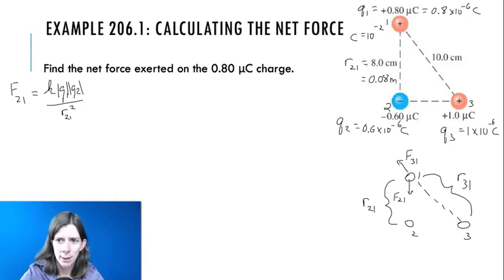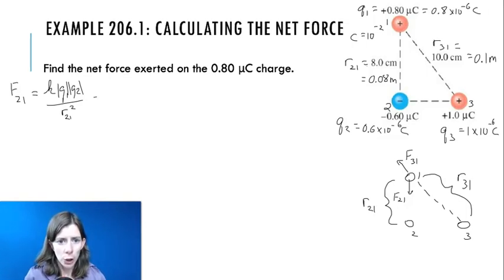And then, let's not forget this distance here, R31, the distance between 3 and 1, is 10 centimeters, with the decimal 2 to the left to get 0.1 meters. Okay, so now I leave you to calculate the forces between these charges.